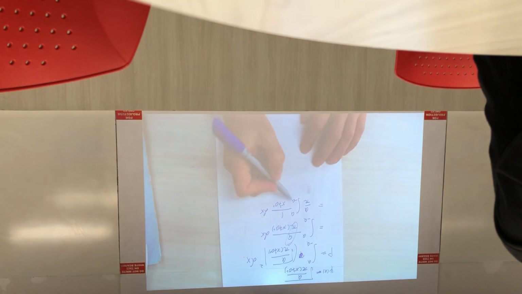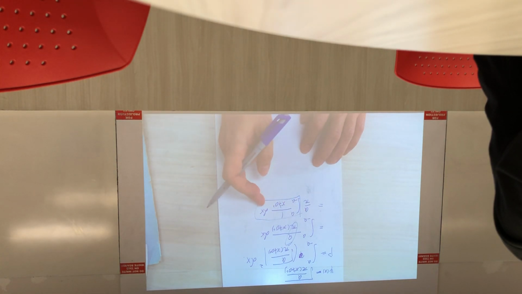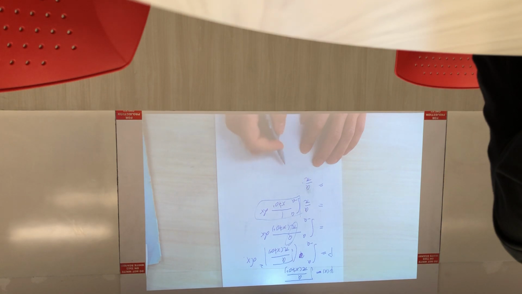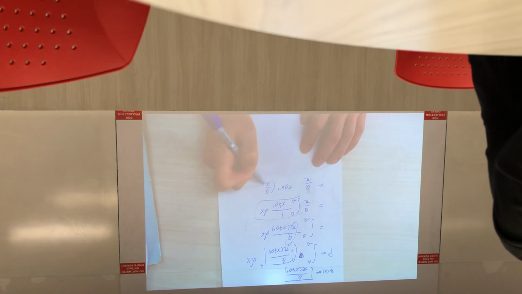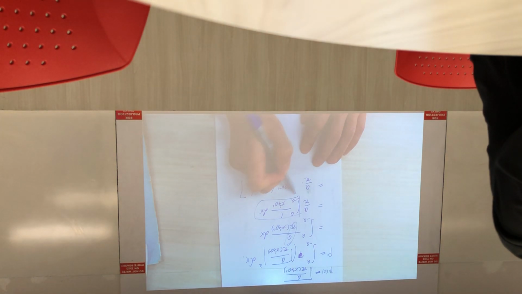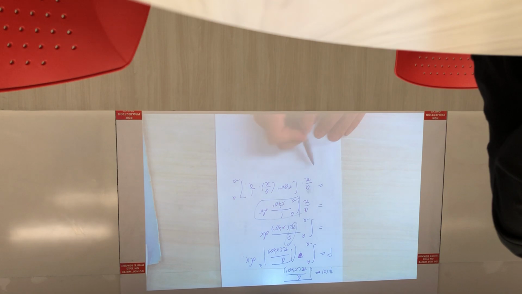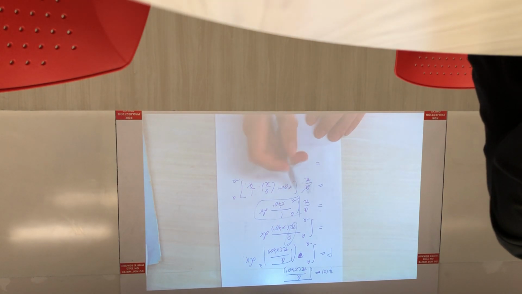So a and pi are constants, so I will take them out of the integral, and this becomes a over pi times the integral of 1 over x squared plus a squared dx. Then we need to do this integration, and I know that there is a formula for it, 1 over a times the arctangent of x over a.